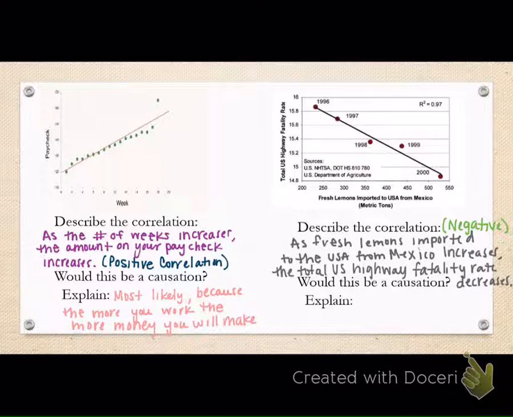So, Kaylin, what are your thoughts? Is this causation? No. Why not? Because lemons and highway fatality rates increase. Right. Why would the imported lemons have anything to do with the highway fatality rates?